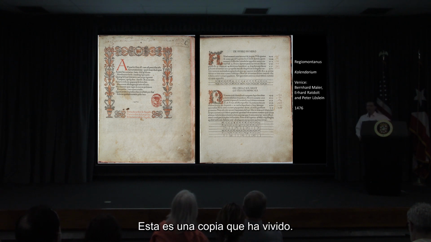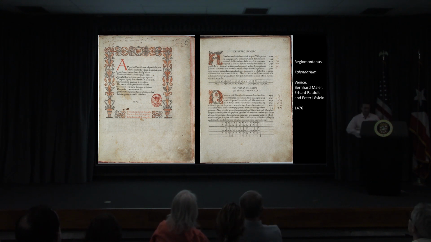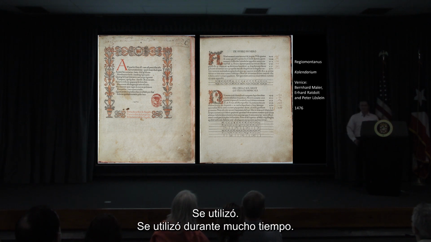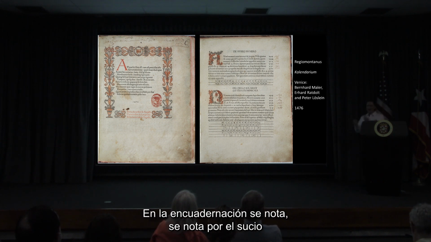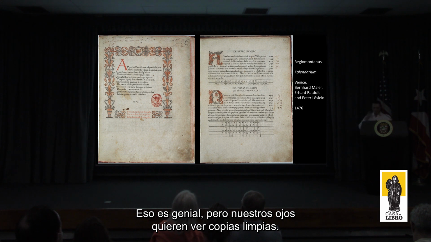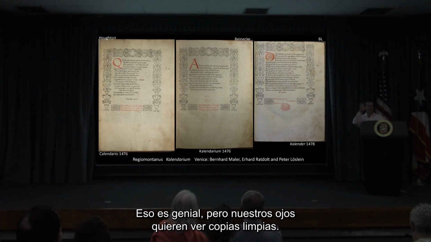This is a copy that has lived, as you can tell here, 1763. It was used. It was used for a long time. And in the binding it shows, in the dirt here it shows, and the color. That's great.